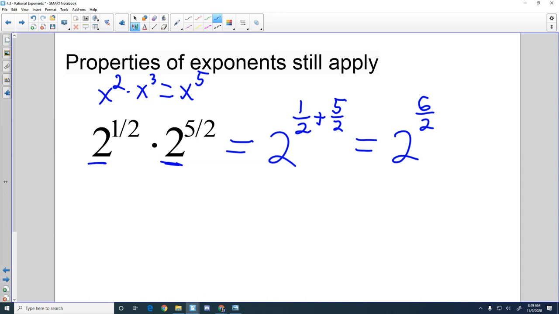What's that equal? Yeah, 6 divided by 2 is just 3. This is 2 to the third. Do we know what 2 to the third is? That's an 8. So we can still add exponents even if they're fractions.